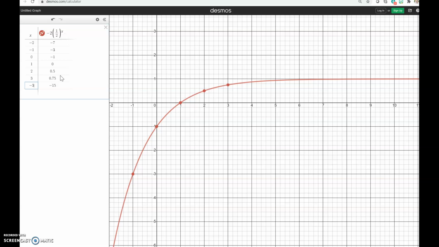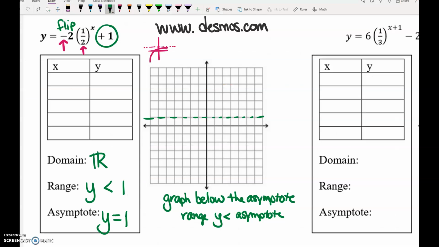I want to keep the points (-2, -7), (-1, -3), (0, -1), and (1, 0). So I just jotted those down on a little piece of paper off to the side so I can go back here. The points that I grabbed from Desmos are (-2, -7), (-1, -3), (0, -1), and (1, 0).